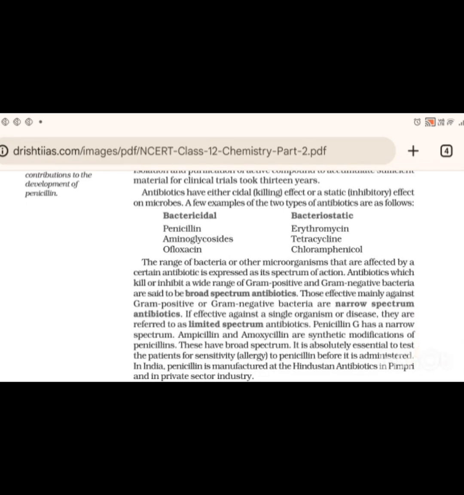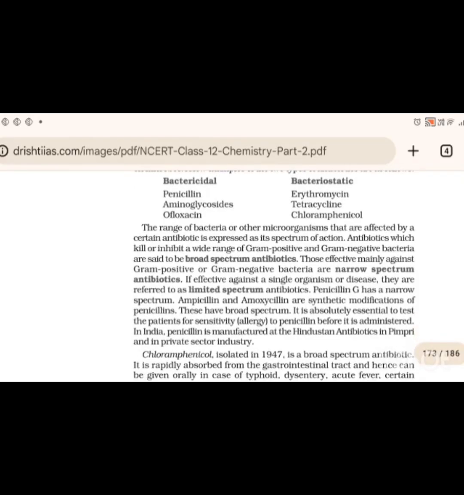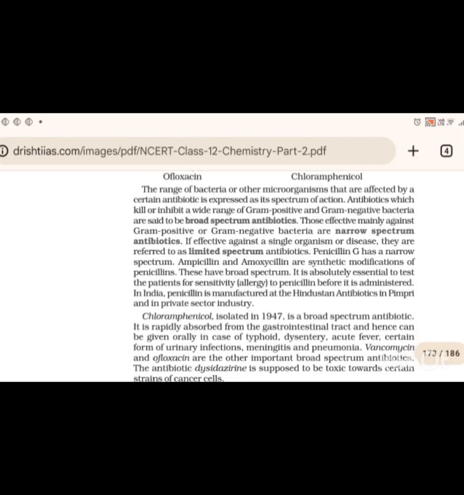Antibiotics which kill or inhibit a wide range of gram-positive and gram-negative bacteria are said to be broad-spectrum antibiotics. Those effective mainly against gram-positive or gram-negative bacteria are narrow-spectrum antibiotics. If effective against a single organism or disease, they are referred to as limited spectrum antibiotics. Penicillin G has a narrow spectrum.